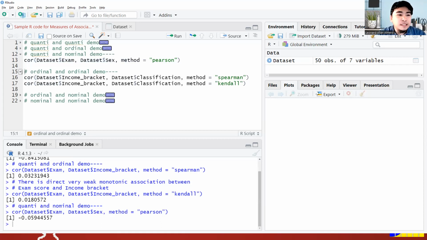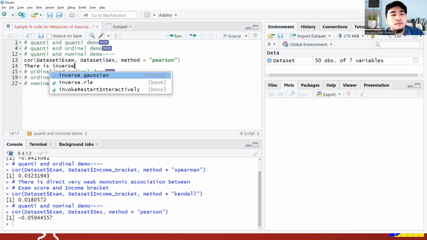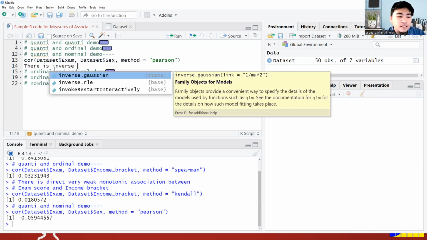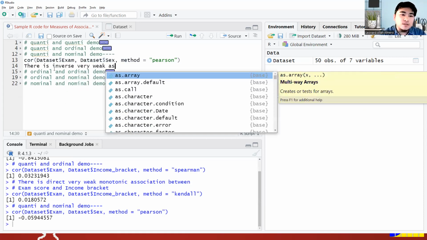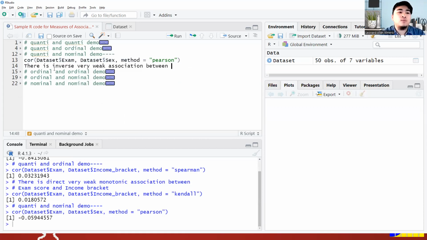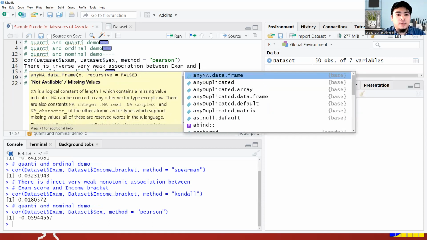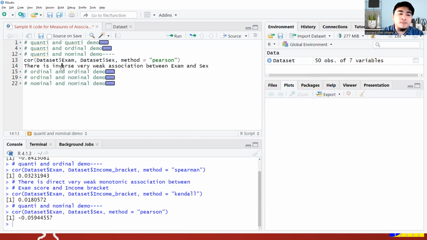And to interpret it, ganun po ulit. So, there is inverse, very, very weak pa rin po yan, very weak association between exam and sex. Okay? Or siguro mas magandang gamitin dito, negative.